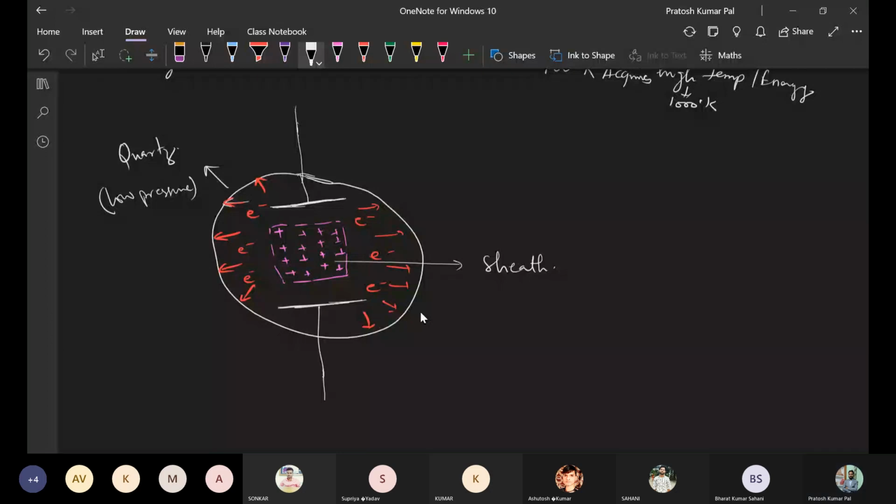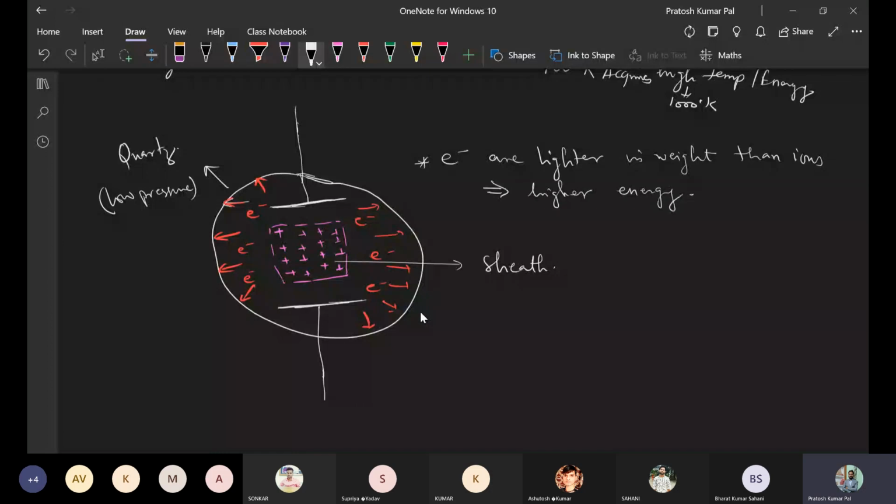Electrons are lighter in weight than ions, so they will have higher energy.